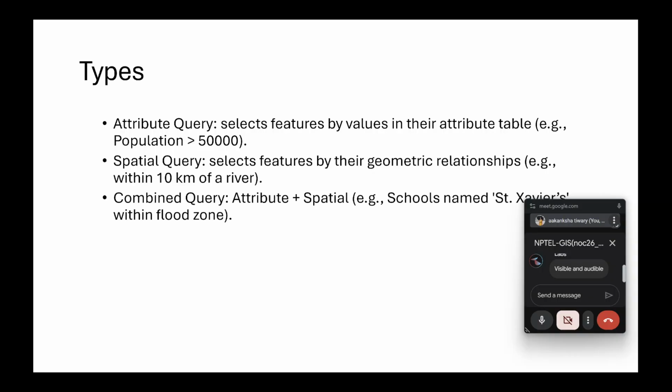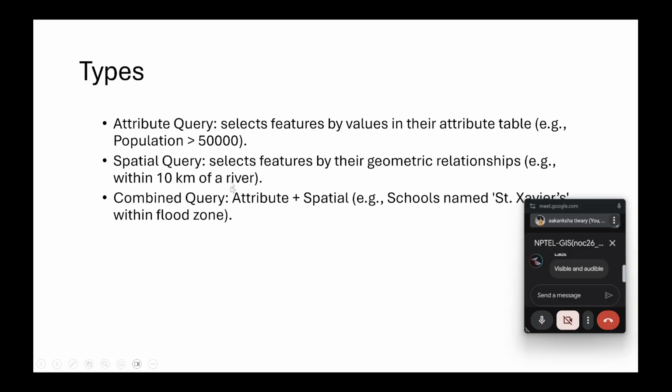In this we use the attribute table, and based on the features in the attribute table we can do querying. Second is spatial querying. This is based on the geometric relationship, like how much distance something is from a place that we are interested in. And then combined querying is combining both attribute and spatial querying.